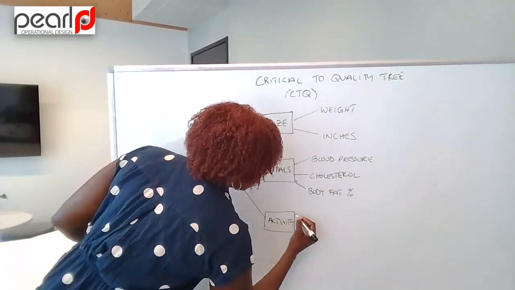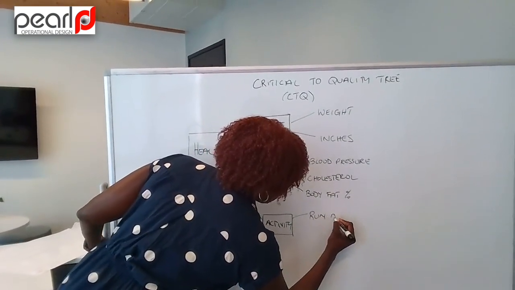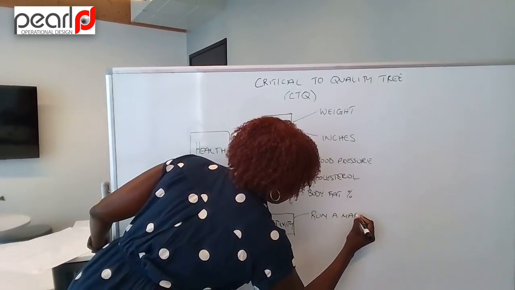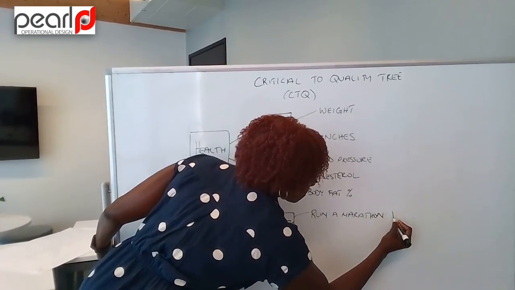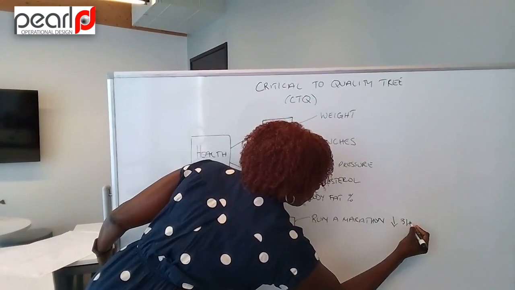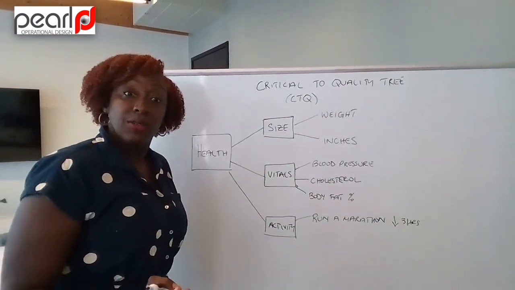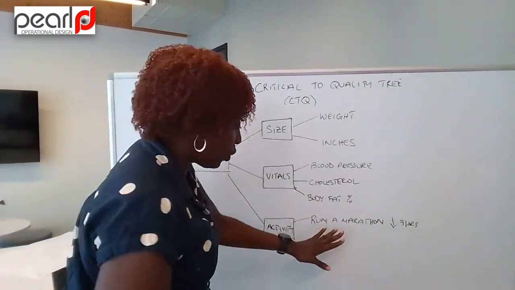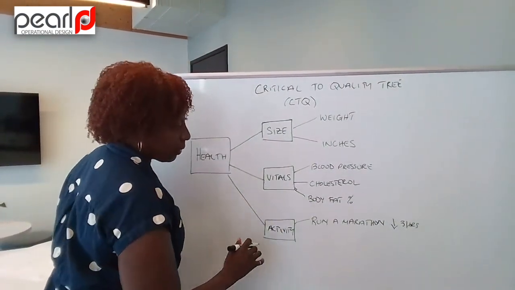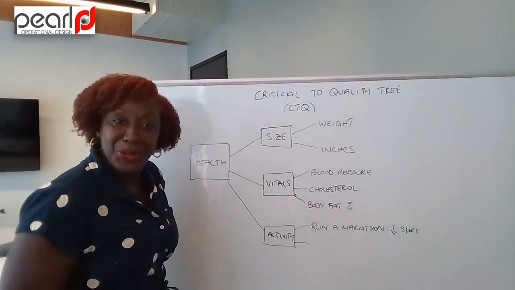Then you look at activity. You might be able to say, I want to be able to run a marathon, sub 3 hours. Today, 5 hours and you're passed out. So you got a ways to go, but you want to be able to run a marathon. Maybe you do line dancing.